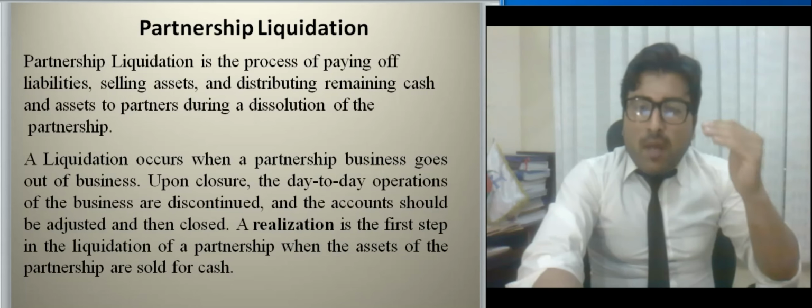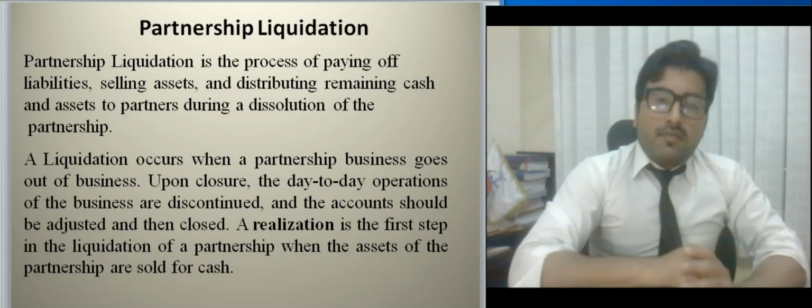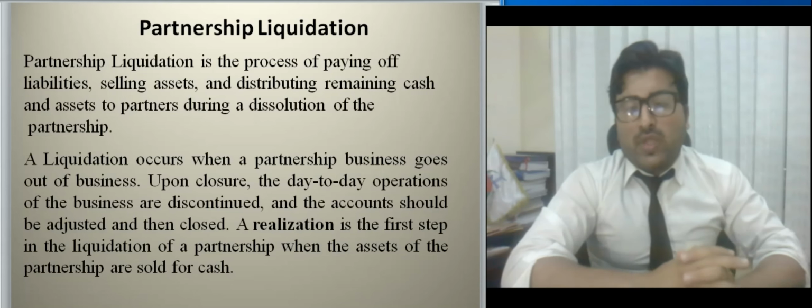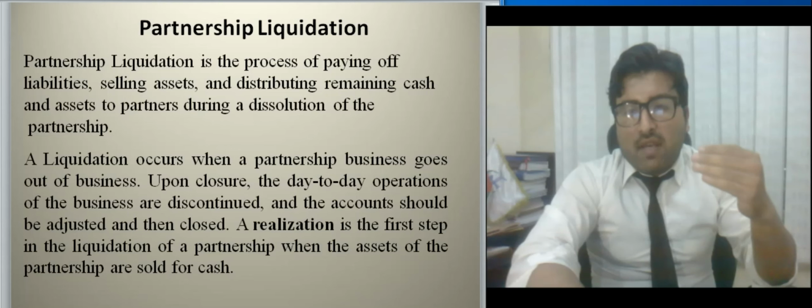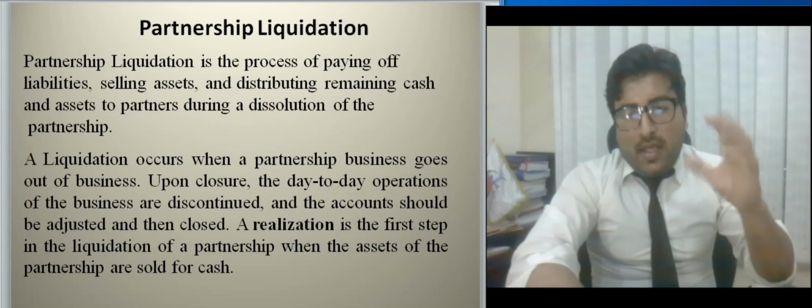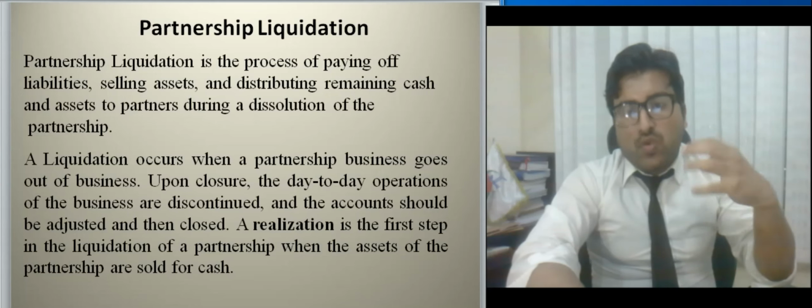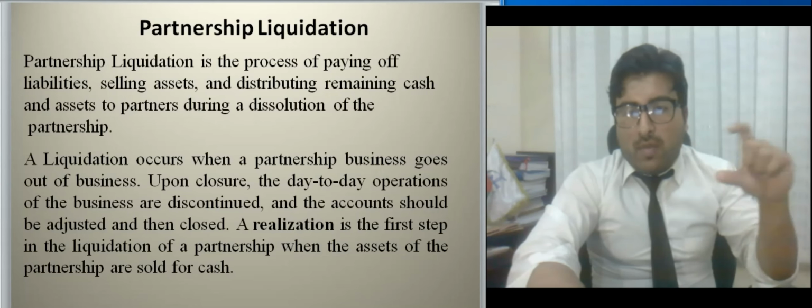So what is partnership liquidation? It is a process where we close a business and sell all its assets. The proceeds, the cash we receive from the sale of the assets, are distributed among the partners.